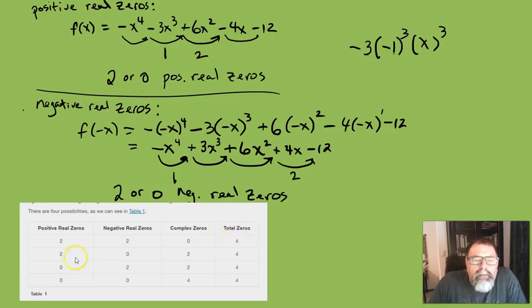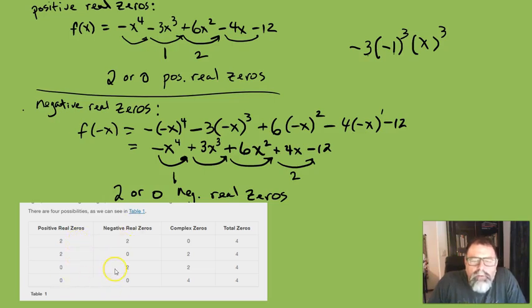Okay, so another combination could be 2 positive reals, 0 negative reals, so that leaves you with 2 complex to get a total of 4. You can have 0 positive, so remember the combination is 2 and 0 for both. If you have 2 choices, that gives you 4 combinations.